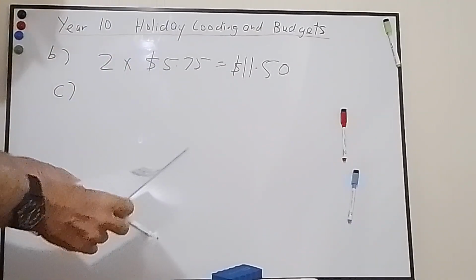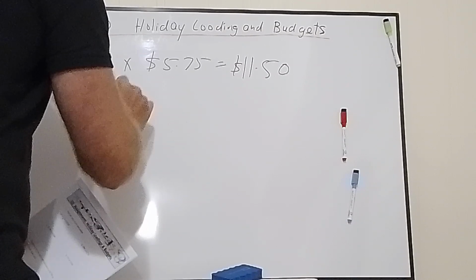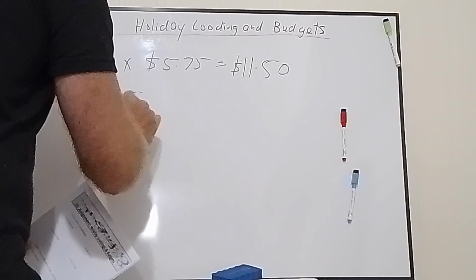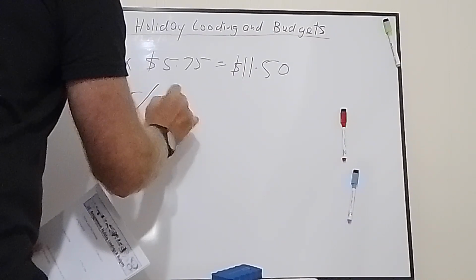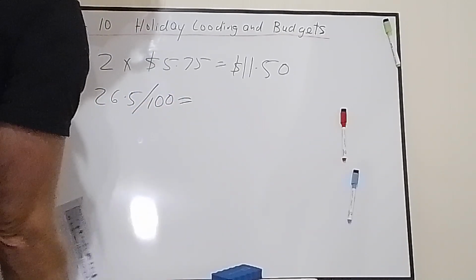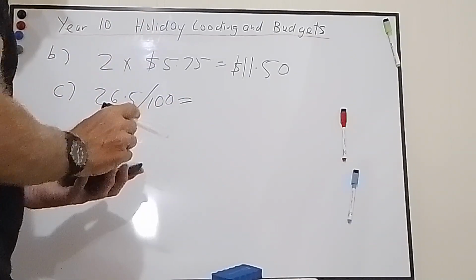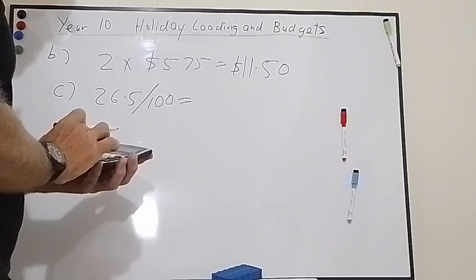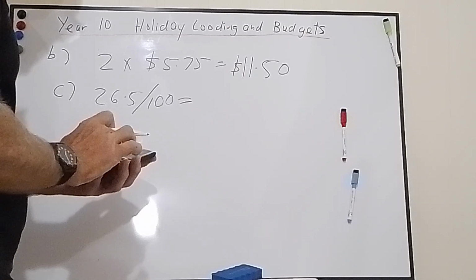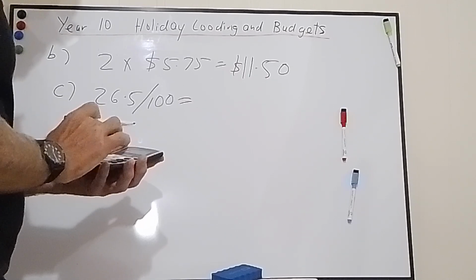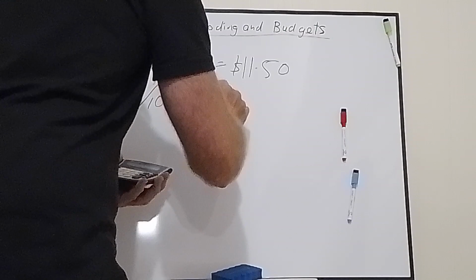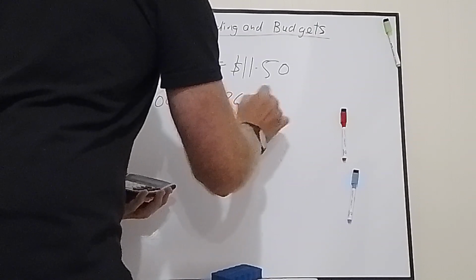C, 26.5% of $7,500, so 26.5 divided by 100 equals 0.265.